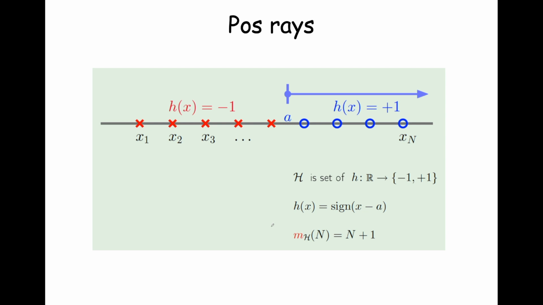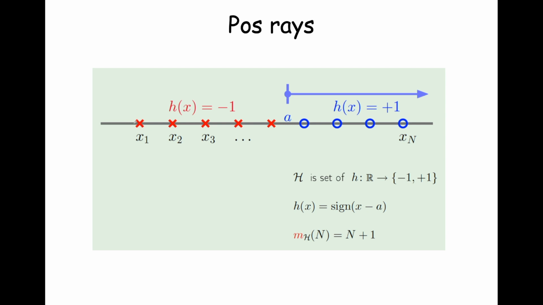If we look at the growth function for the positive ray, the growth function says how many different dichotomies you can produce. If we look at all the places we can place the anchor, that'll tell us all the different dichotomies you can produce.